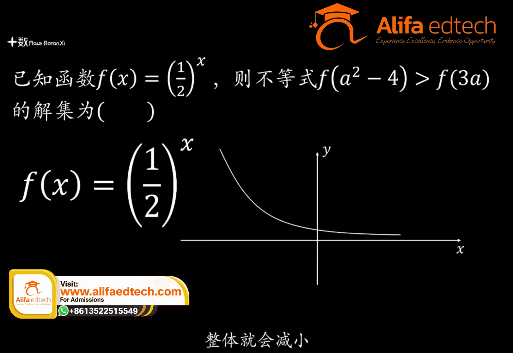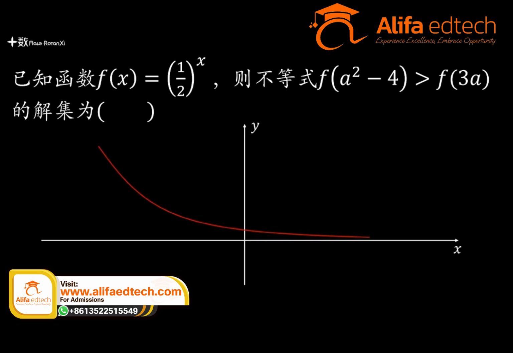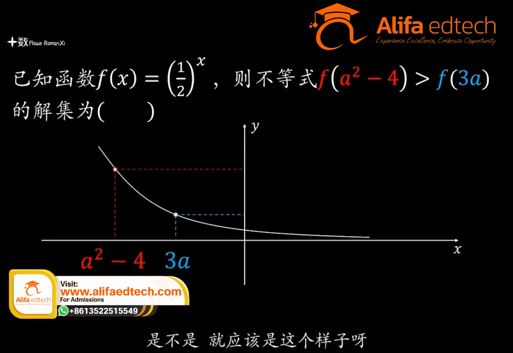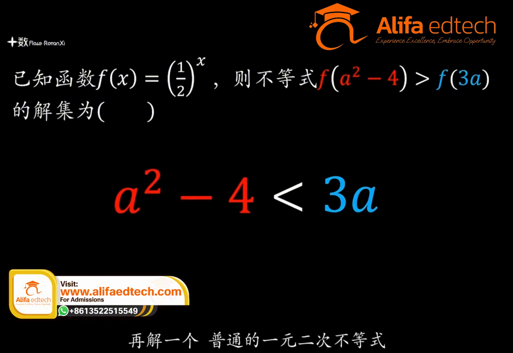So looking at the graph, isn't it like this? The red function value is larger, so the red variable must be smaller. Solving this as a standard quadratic inequality, we can calculate the final solution interval.